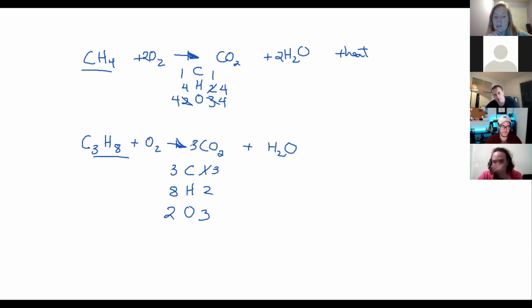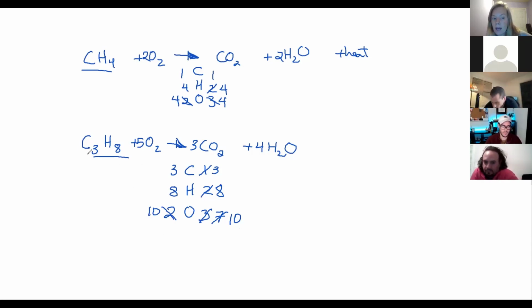It changes my oxygen to 6, plus the 1 over here for a total of 7. Oxygen is a mess, so let's leave it alone and do our hydrogens. I have 8 hydrogens here, so I need 8 over here. If I put a 4 there, that will balance my hydrogen to 8, and then it makes my oxygen 10. I like 10 because this is a factor of 2, so I put a 5 here, and this becomes 10.